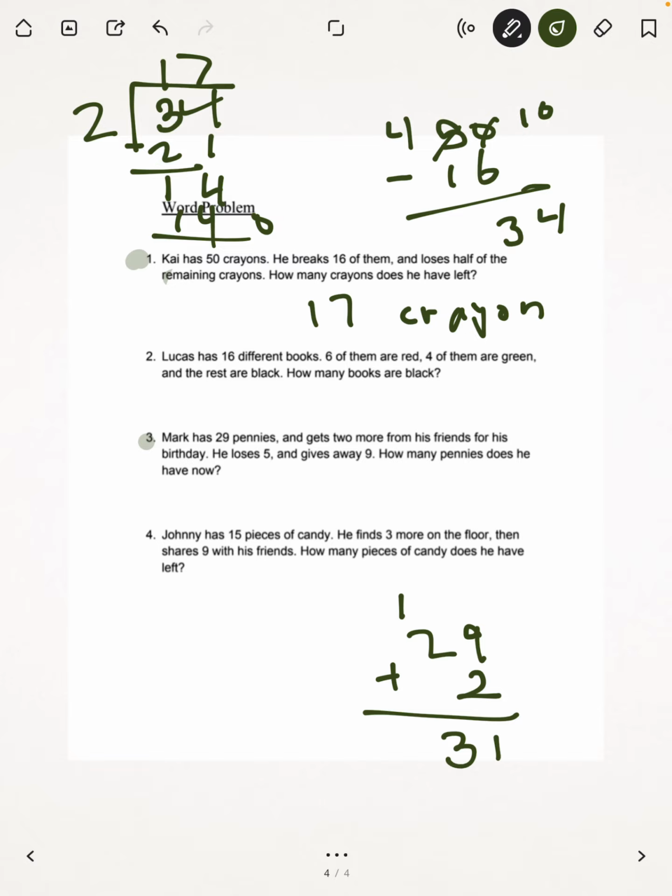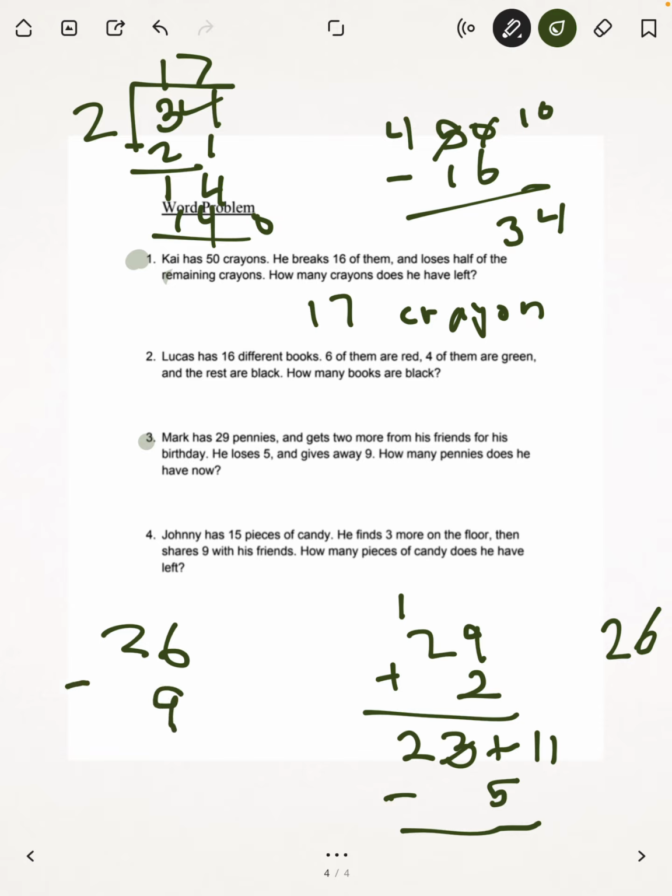And then it says he loses 5 of them, so you have to subtract 5. You can't subtract 5 from 1, so you have to borrow from the tens place. This one becomes 2. This one becomes 11. So it goes 6, 26. So he has 26 right now. And then he gives away 9, which we have to subtract again, because he gives it away.